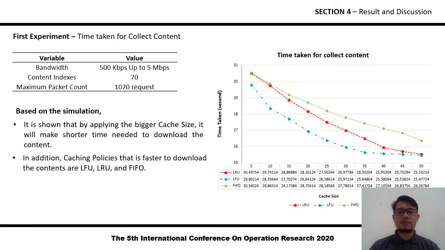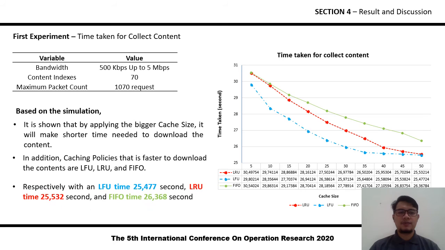In addition, the caching policies that are faster to download the content are LFU, LRU, and then the third is FIFO. The time needed is LFU with 25.477 seconds, LRU with 25.532 seconds, and FIFO with 26.368 seconds.